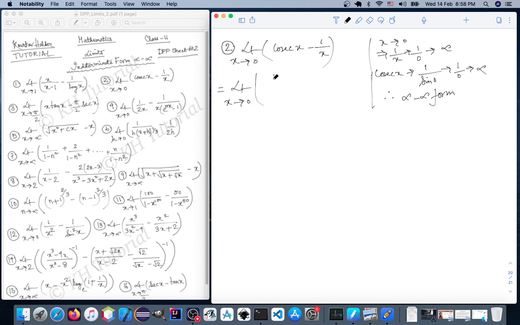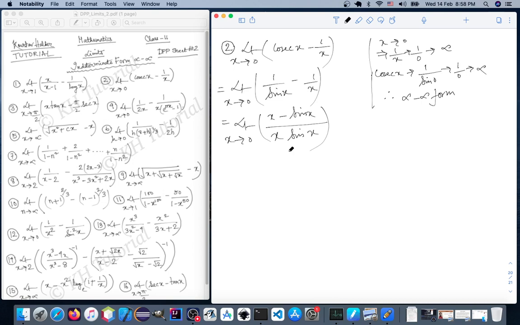As usual, we would like to simplify this and transform it into 0 by 0 form, and we get x minus sin x over x into sin x. So this is of the form 0 by 0, and we can apply L'Hopital's rule.